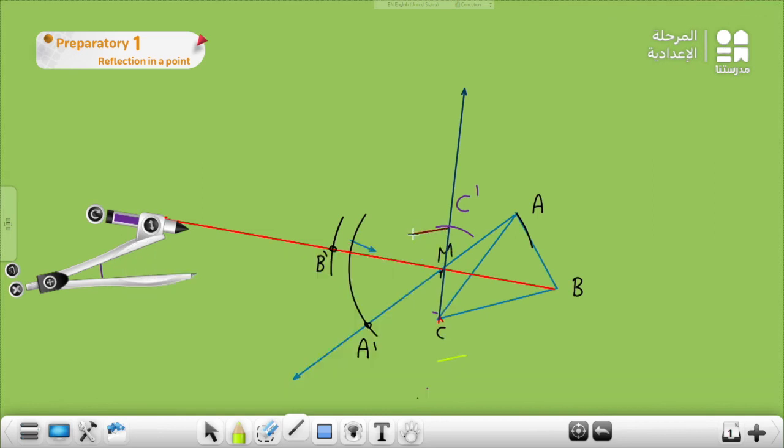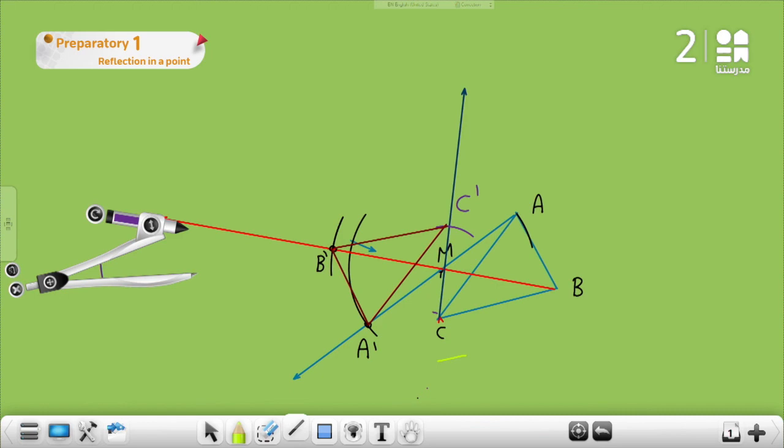So C dash, B dash, then B dash, A dash, then C dash, A dash. So that is the image of ABC, which is A dash, B dash, C dash.